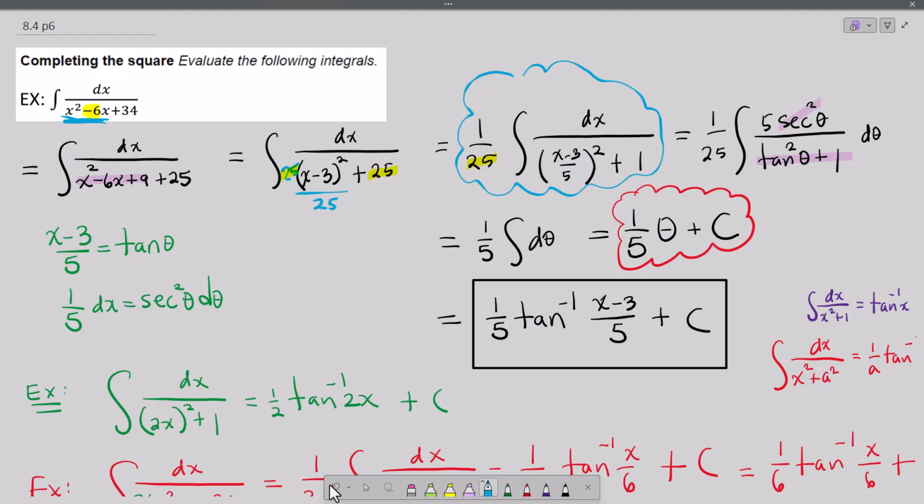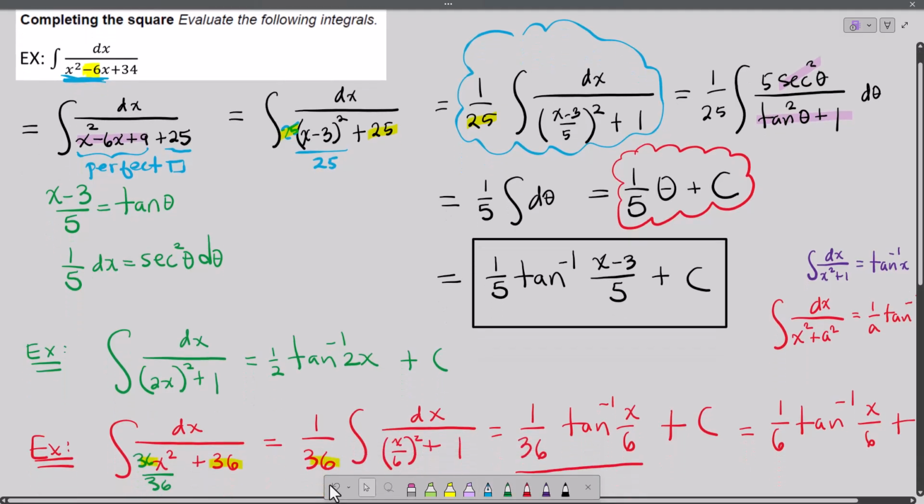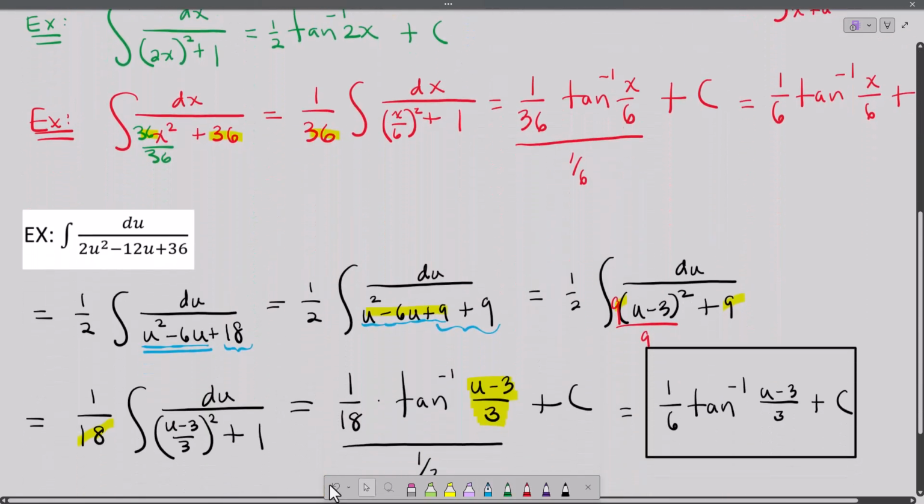And if we pull 9 from the 34, we're left with 25. So this part right here is a perfect square now. So a perfect square always has that property that the constant is the square of half the coefficient of x or u, whatever the middle term is. Other questions on it?